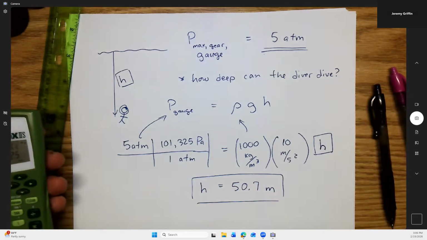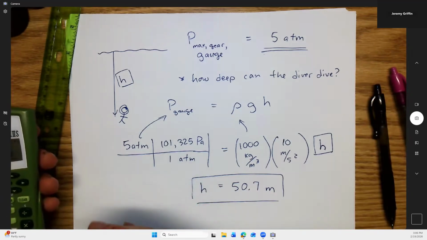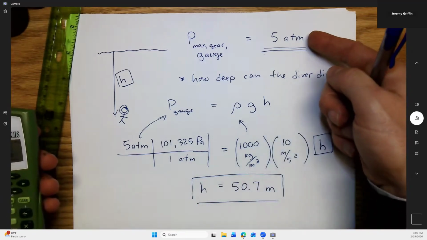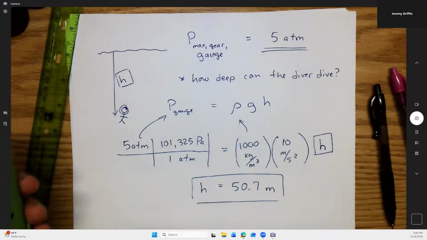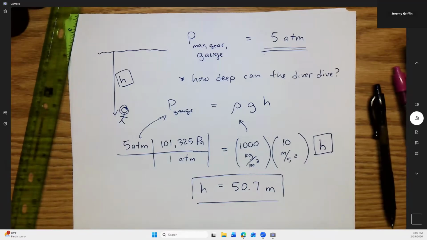Hey, do you remember that you can pump up water approximately 10.3 meters? If you round that to about 10, then 5 atmospheres should be approximately 50 meters. Yeah, that totally makes sense. Every atmosphere is approximately 10 meters or so of water. It's about 10.3 meters of water. I think that checks out.